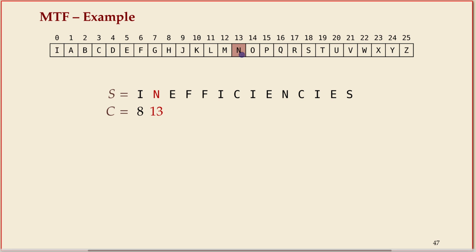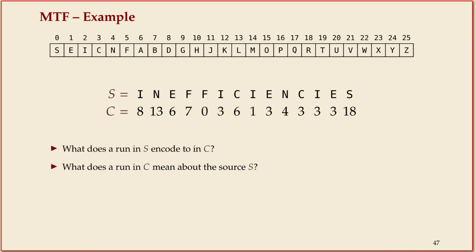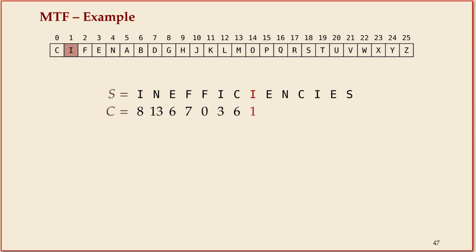The next letter is at that position, so it's encoded by 13. And then we take it, move it all the way to the front. So all of these will move one position right, and N goes to the front. N is here, and these have all moved. Now the next letter, again, we find where it is, store it by that number, and do move to front. I'll zoom through the rest. I think it's hopefully clear. Okay.